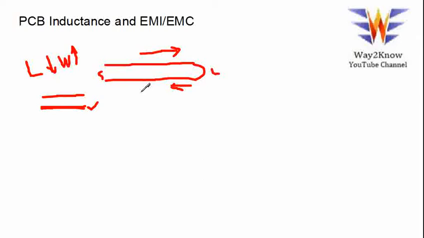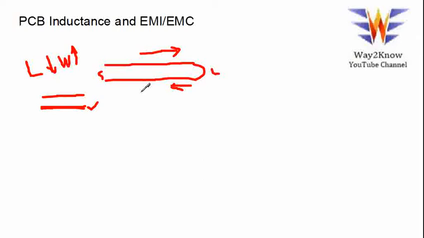Okay, so it is important that the PCB layout engineer controls the ground inductance as much as possible, so that a clean PCB layout comes in, because as we mentioned, length is not under our control, right?